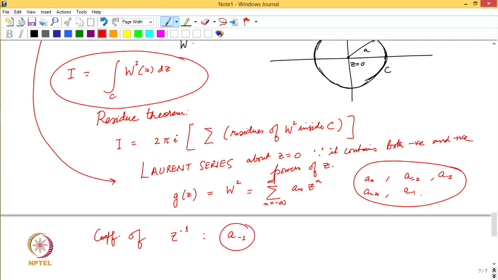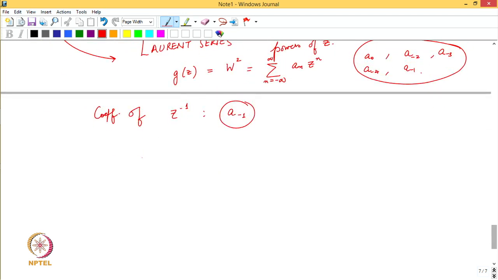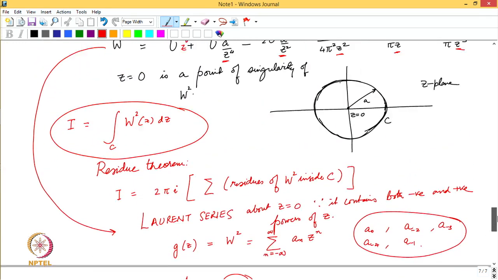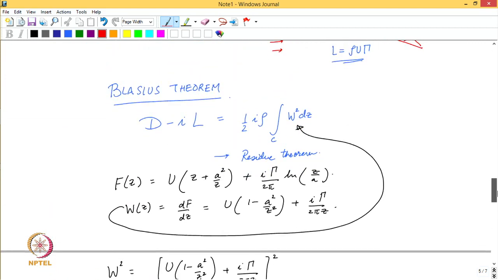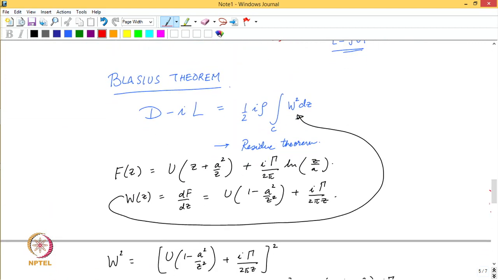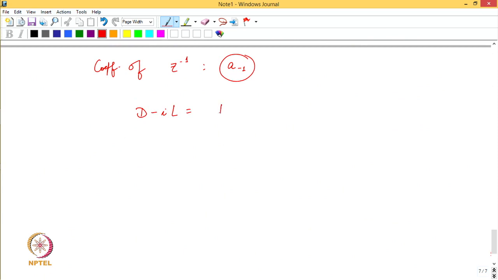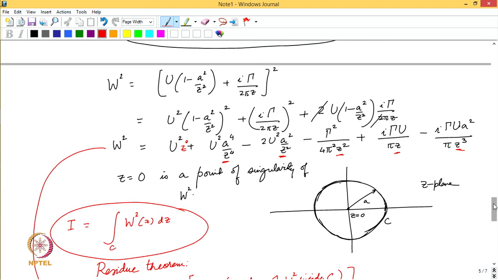For our case, we can write d minus i L, which was the definition of the drag force in the Blasius theorem, which is half i rho times the integral I, where I is actually the integral of w squared dz.